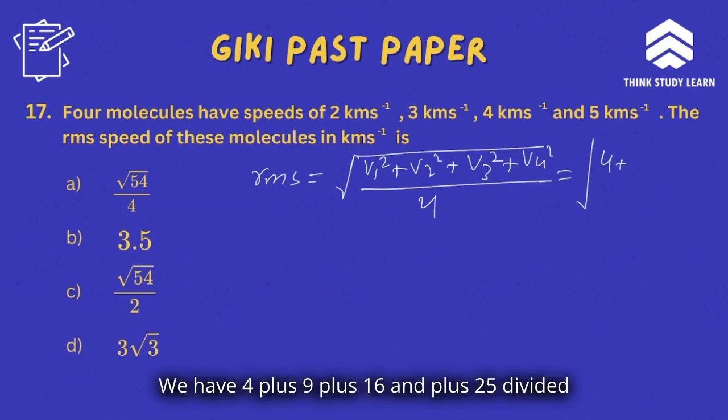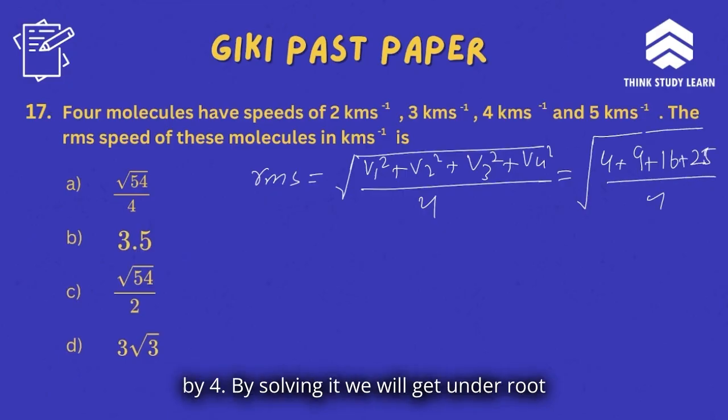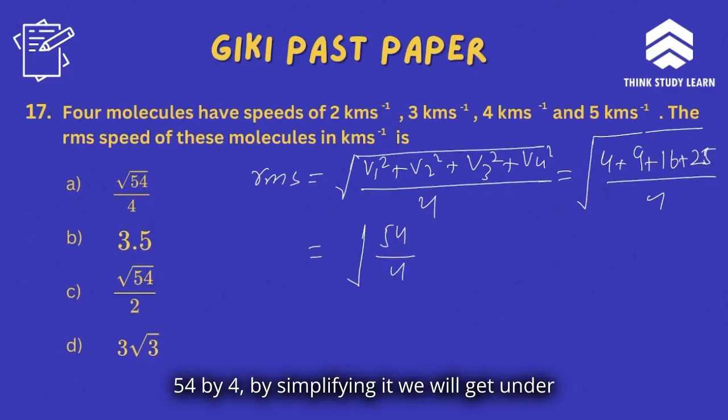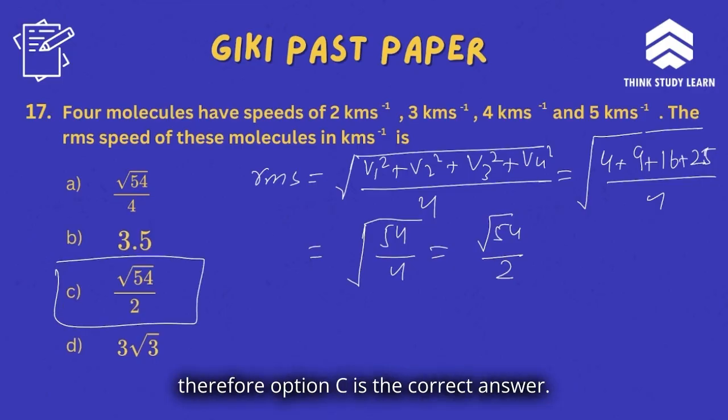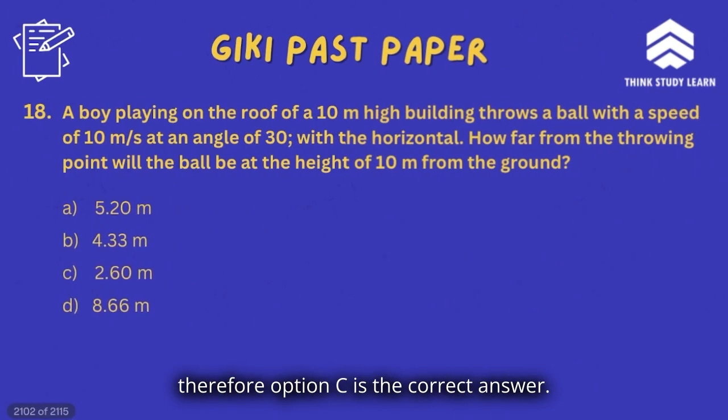We have 4 plus 9 plus 16 plus 25 divided by 4. By solving it, we will get under root 54 by 4. By simplifying it, we will get under root 54 by 2, which is option C. Therefore, option C is the correct answer.